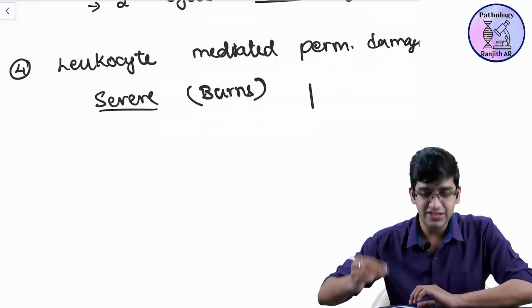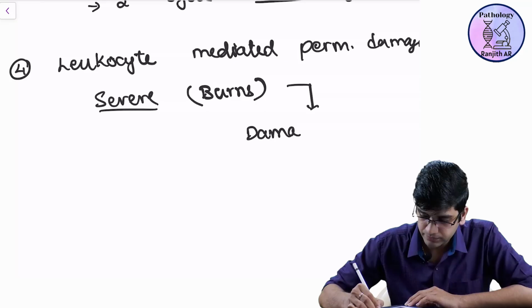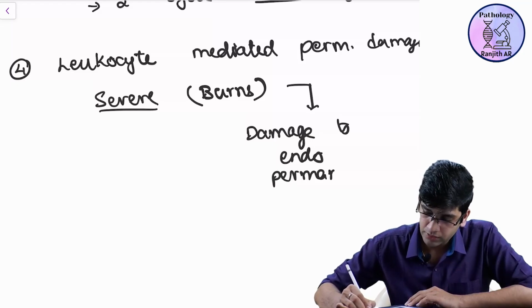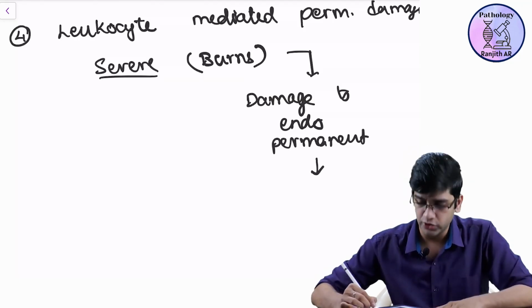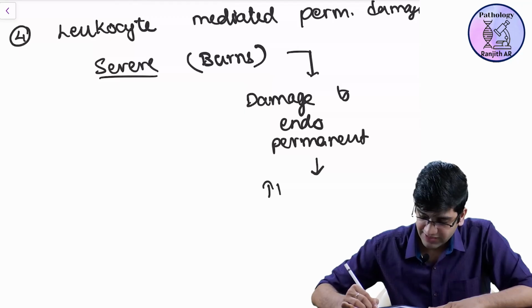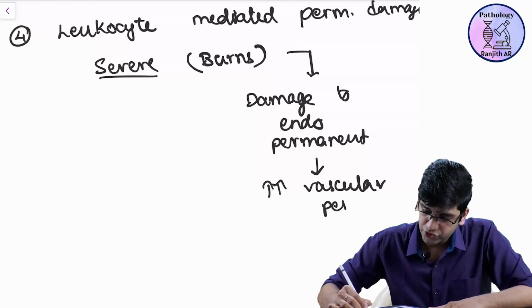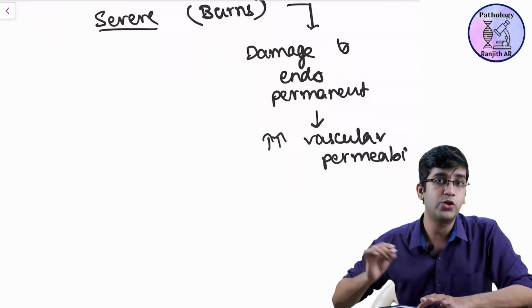Fine? So when you have severe burns, I'll have damage to the endothelium, but it's going to be permanent. When there's permanent damage, I'll definitely have a leakage, no doubt about it. There will be an increase in vascular permeability. But the unfortunate thing is, this vascular permeability will stop only when a new blood vessel comes.